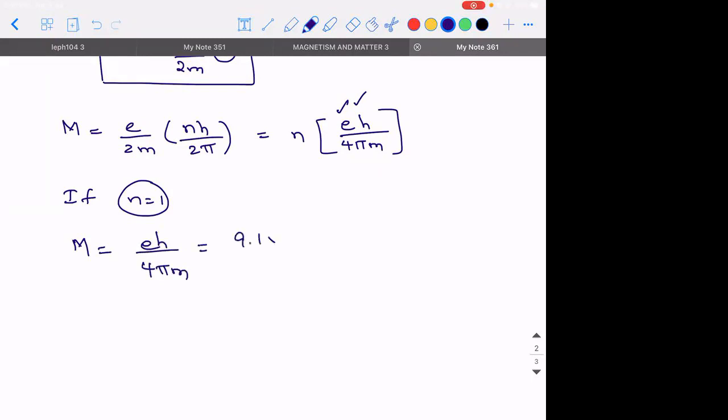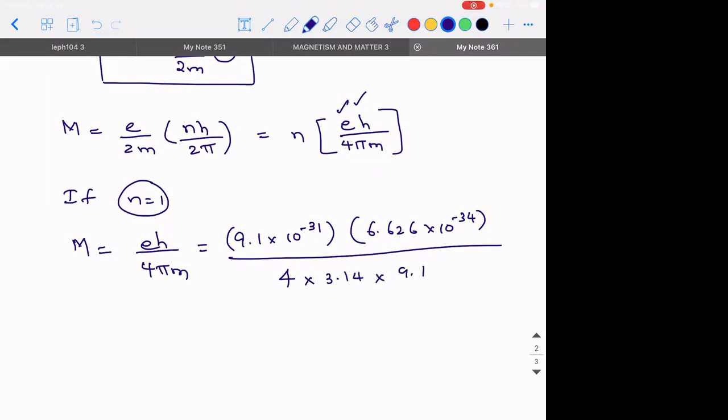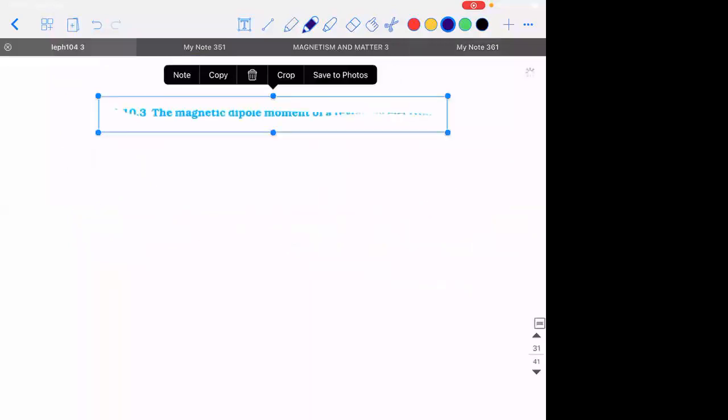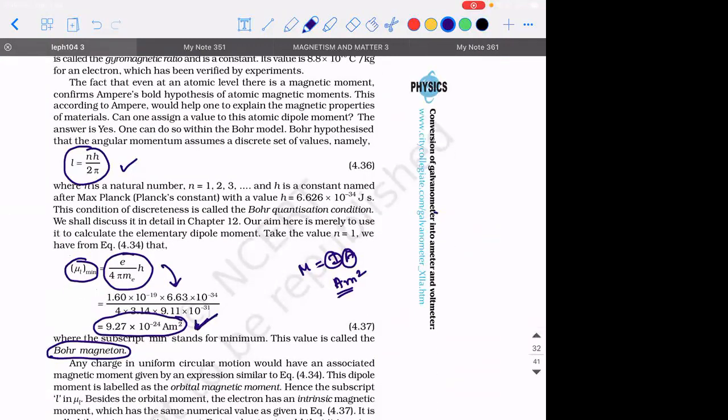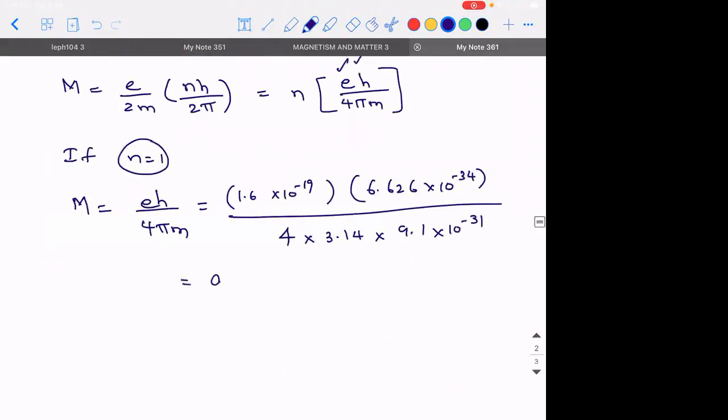If you substitute the value of e as 1.6 into 10 power minus 19, h as 6.626 into 10 power minus 34, divided by 4 into 3.14 into mass of the electron as 9.1 into 10 power minus 31, you will get this value, which is 9.27 into 10 power minus 24 ampere meter square, and this value is called Bohr's magneton.